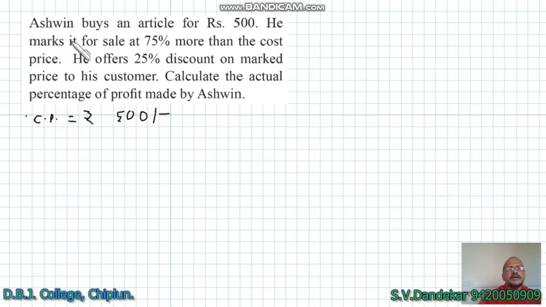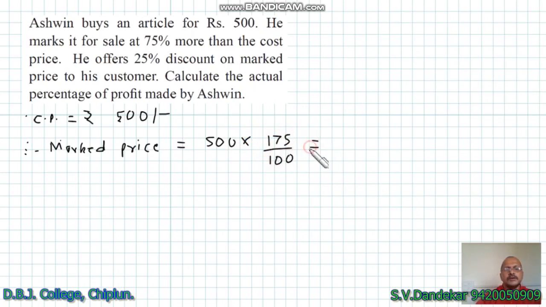Now he marks it for sale at 75% more than the cost price, and therefore the marked price is equal to 500 into 175 upon 100. It is equal to 875 rupees marked price.